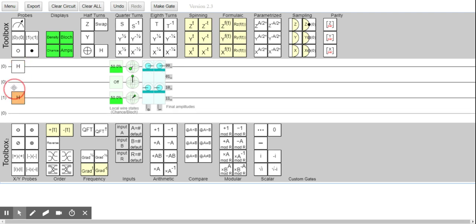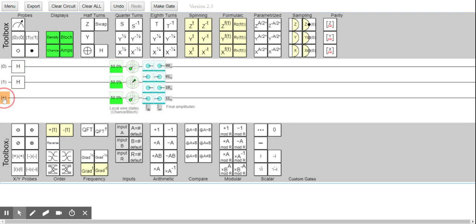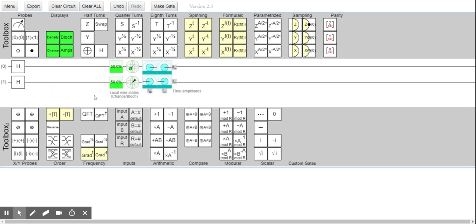And now is this a Control Z and Control X?